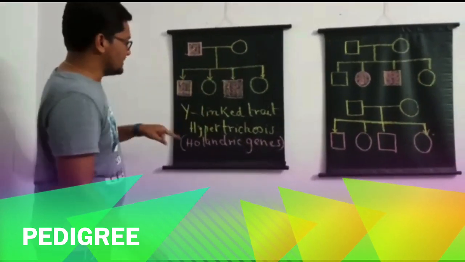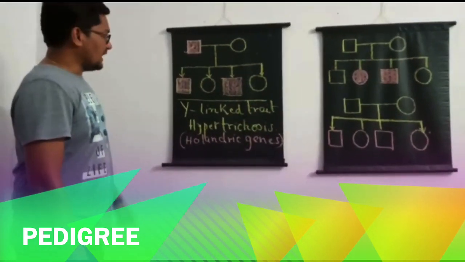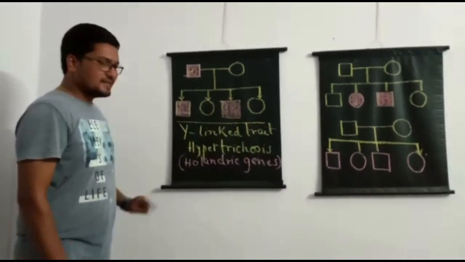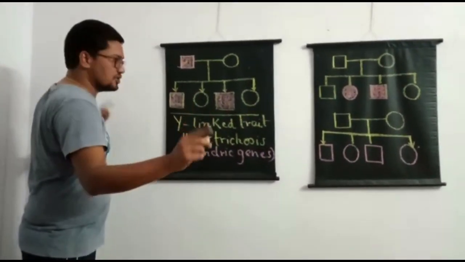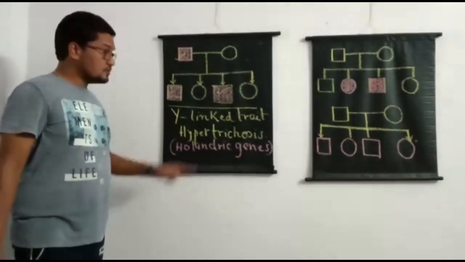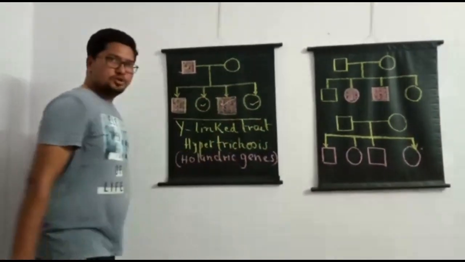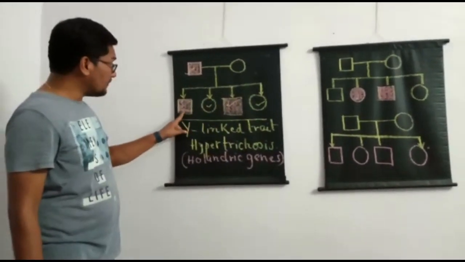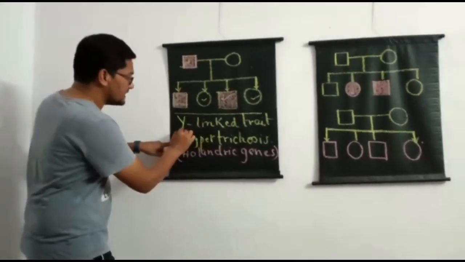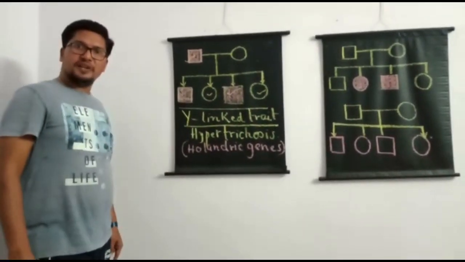And this couple has how many children? 4 children, and you can see out of the 4 children, 2 sons and 2 daughters, and the pedigree chart clearly tells you that both the sons are suffering from the disease, that is both the sons are affected and both the daughters are normal. So 100% of the sons are affected here, and it clearly indicates which type of trait it is. It always indicates the inheritance of a Y-linked trait.